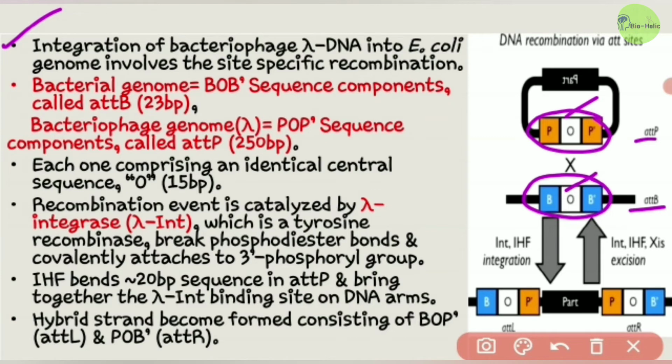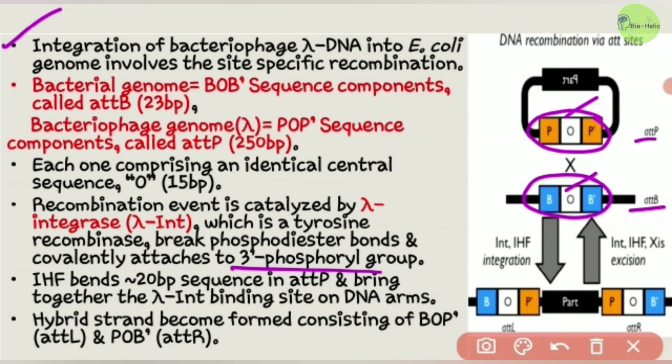And the recombination event is catalyzed by lambda integrase, which is a tyrosine recombinase and which can break the phosphodiester bond and covalently attach to the 3' phosphoryl group, which we have seen in the case of type 1B topoisomerase in the process of replication, right?